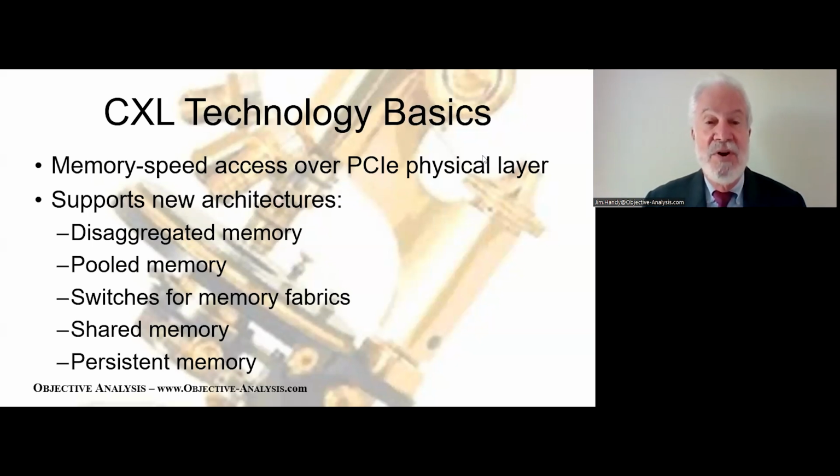So CXL has stripped down what's involved in the PCIe interface while still using the physical layer. That means using the electrical transfer of data between the processor and the peripheral, because it's a really fast physical layer. And then it's just a question of whether or not you are using that to your best advantage and whether or not it's fast enough for memory.